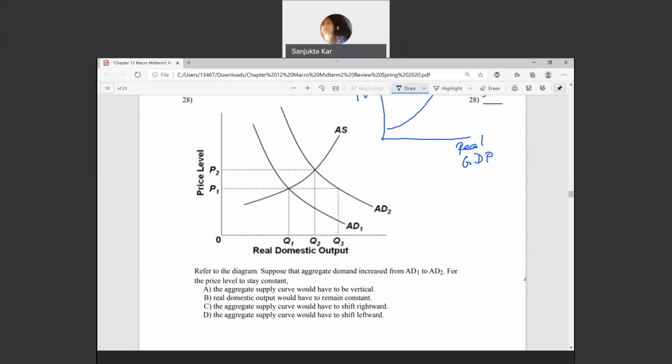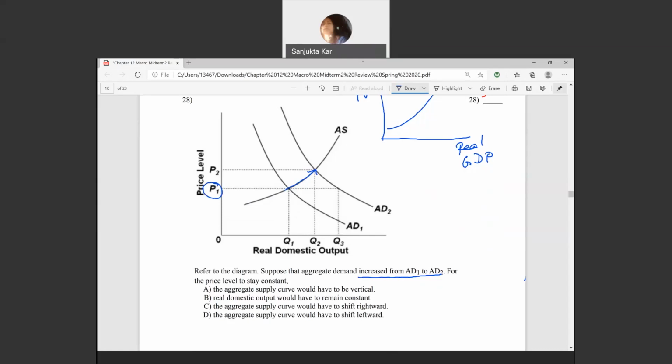Question number 28 is telling me to refer to the graph. Suppose the aggregate demand curve increased from AD1 to AD2 already. It just increased from AD1 to AD2 here. And the question is asking me, for the price level to stay constant at P1, what would happen?